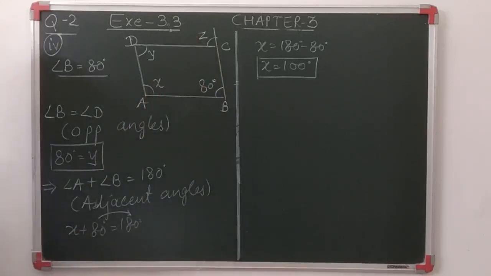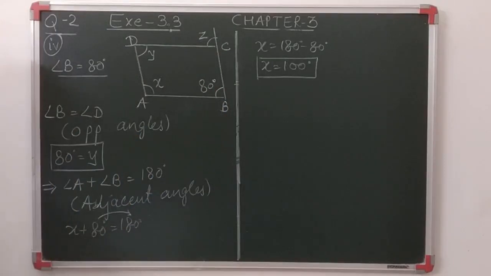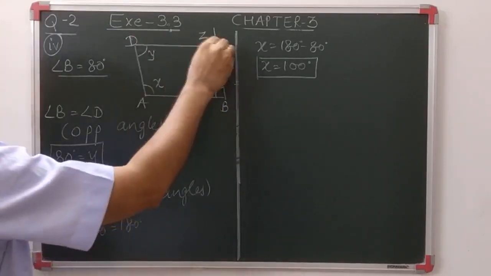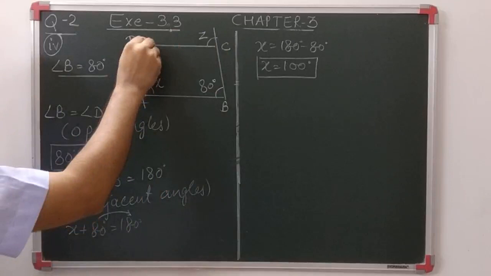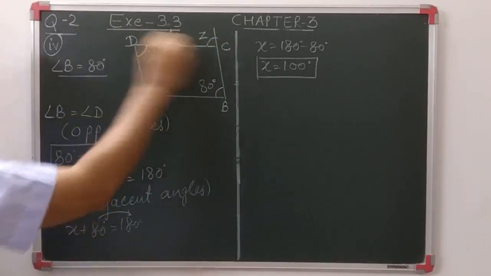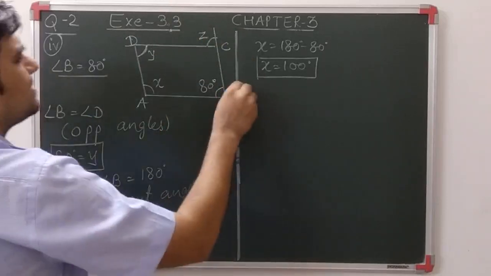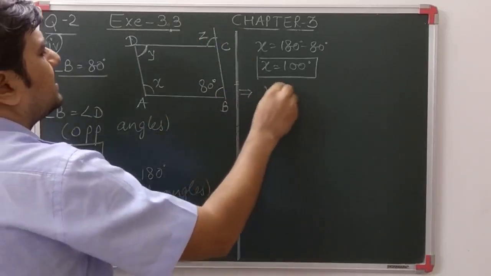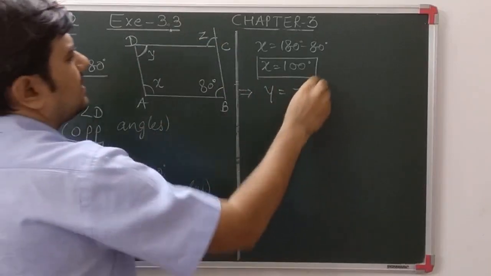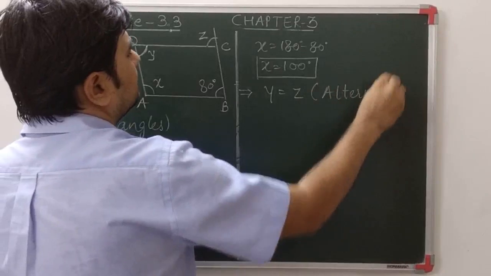It's quite easy. Now you see that AD and BC are parallel, and CD is the transversal. So can we say that angle Y and angle Z are forming what? Yes, they are a pair of alternate angles. We can say that angle Y is the same as angle Z. The reason: they are forming a pair of alternate angles.